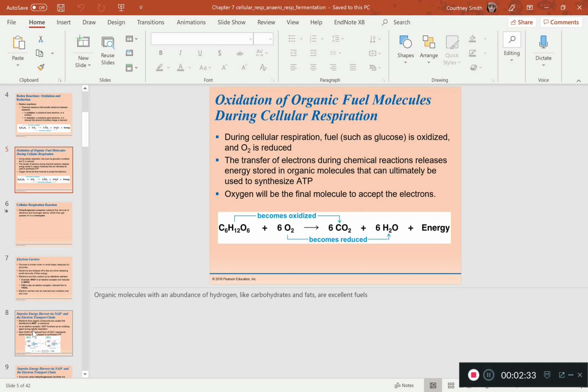Glucose and oxygen are the inputs, so those are your reactants, and your outputs are carbon dioxide, water, and energy. The most important input is glucose, and the most important output is ATP.